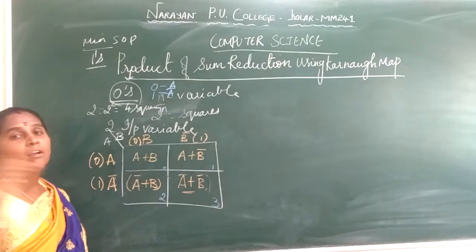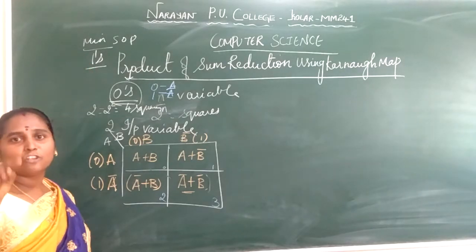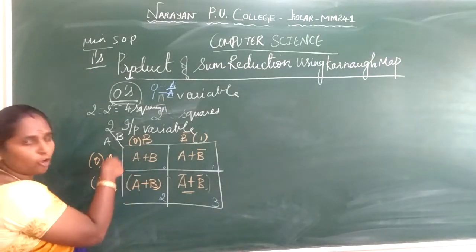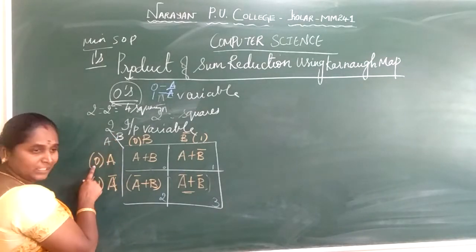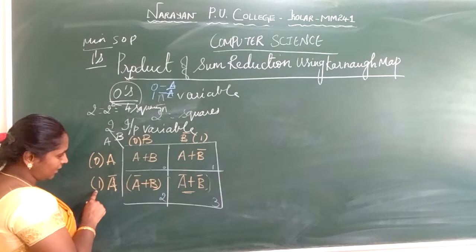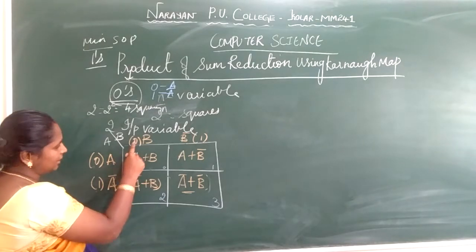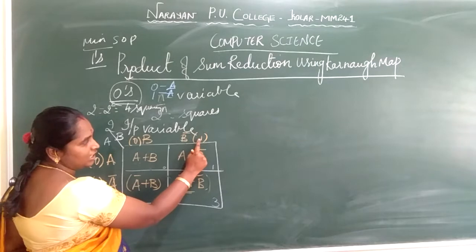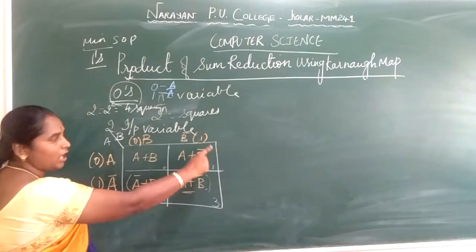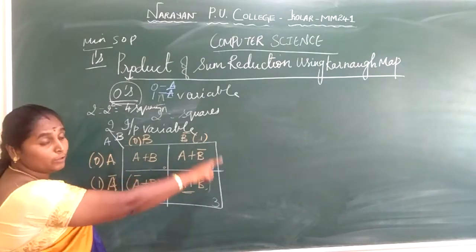Whereas in the min term, complemented means 0 and uncomplemented means 1. It is quite the opposite of the max term. A means 0, A bar is 1. B as it is is 0, and B bar horizontally is 1. This is for your 2 input variables.